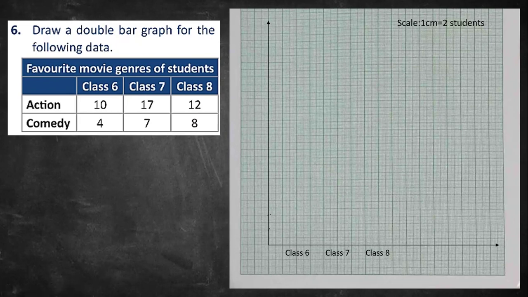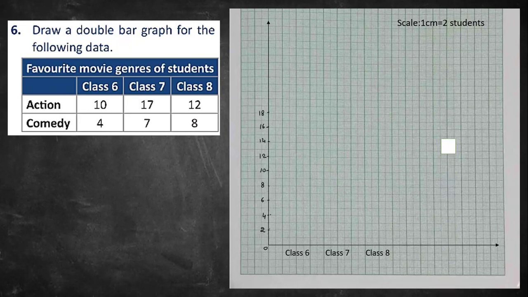Now let's write the numbers on the y-axis. So it's 0, then 2, 4, 6, 8, 10, 12, 14, 16, 18.